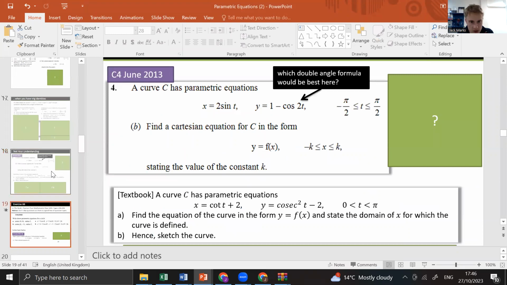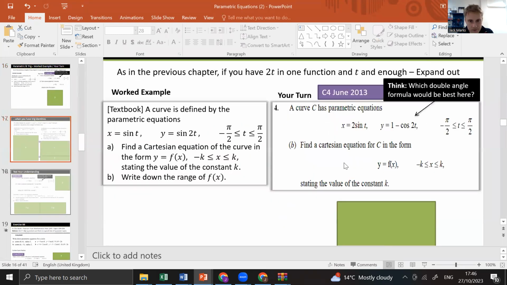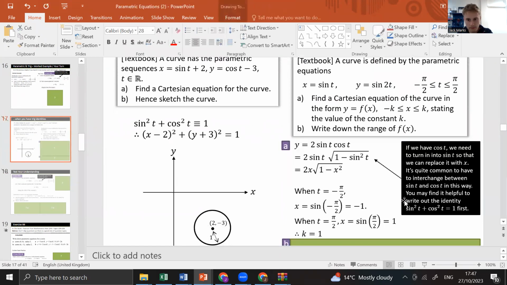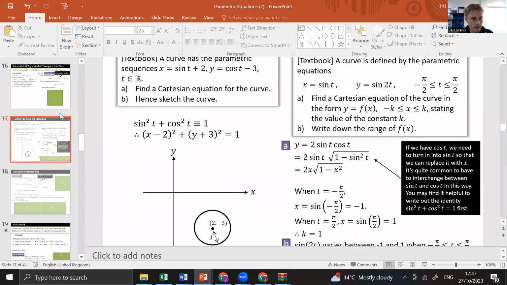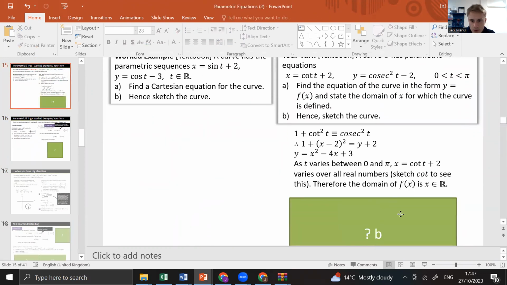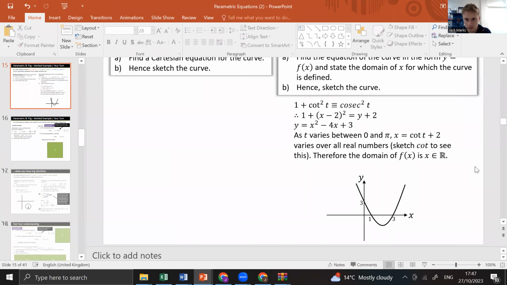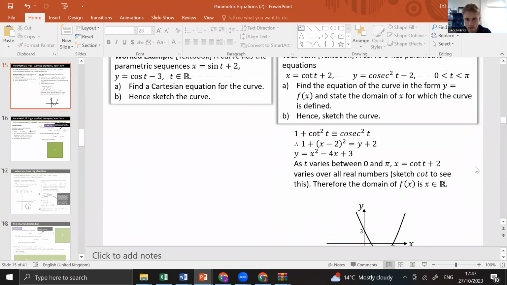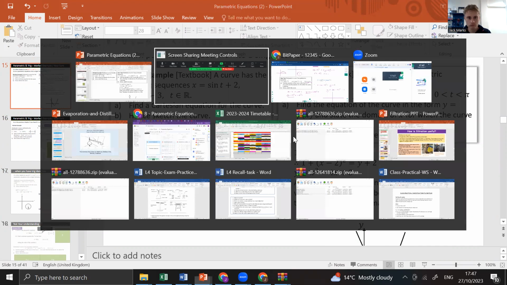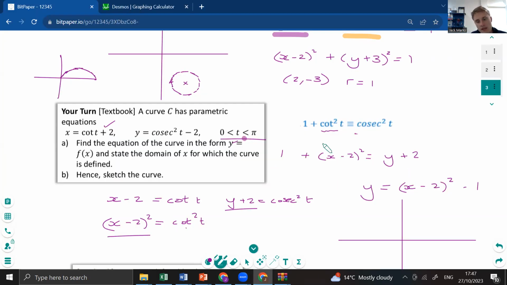I'll just see if I've got a picture for you to help illustrate it. Have I got a picture? Actually, no. I do have a picture.